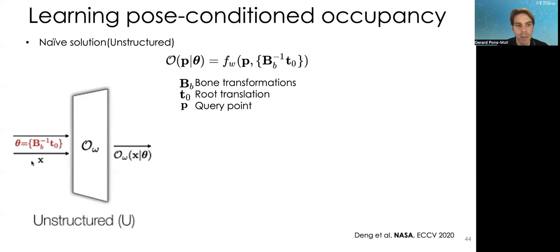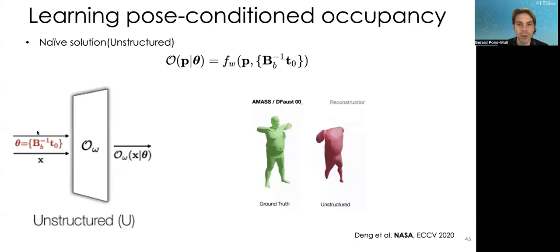In the NASA paper, the representation of pose is a little bit strange. It takes the rigid parts of the body and the root location and then applies the inverse transformation. It doesn't really matter at this point. It's just a way of getting numbers that encode the pose, and it was decided at that point that this is more convenient for the network to understand than the joint angles.